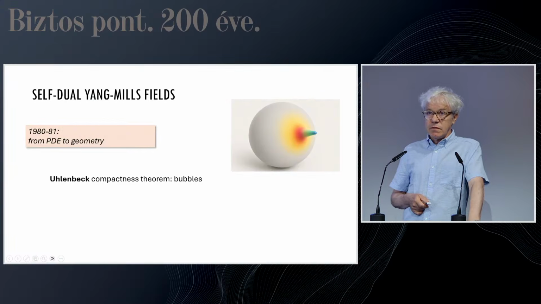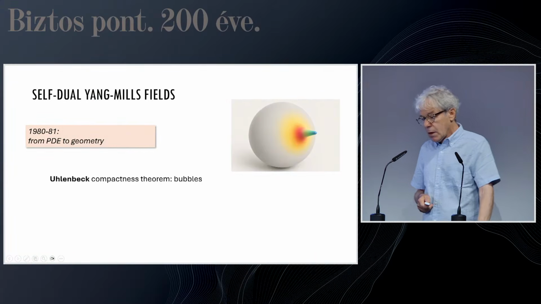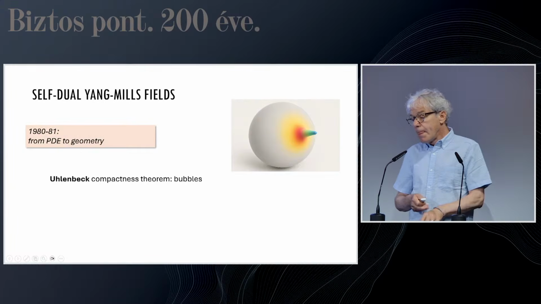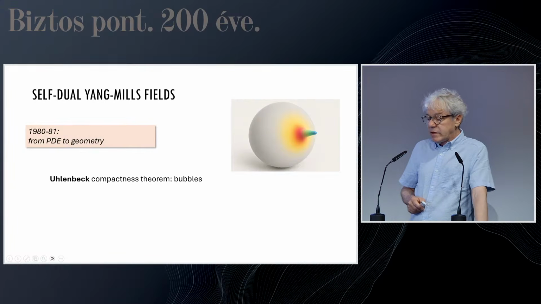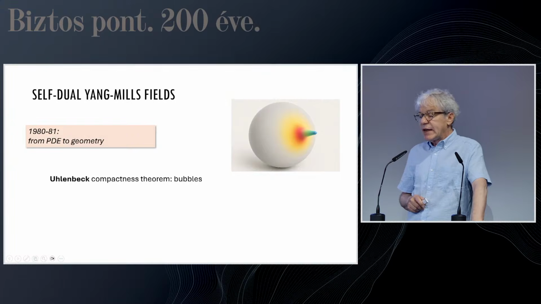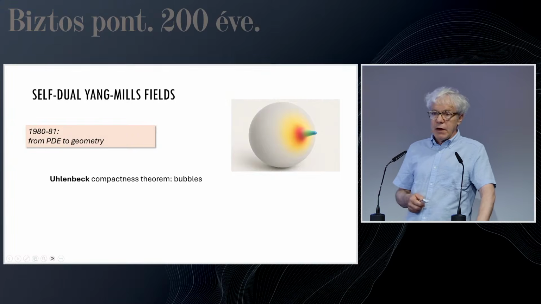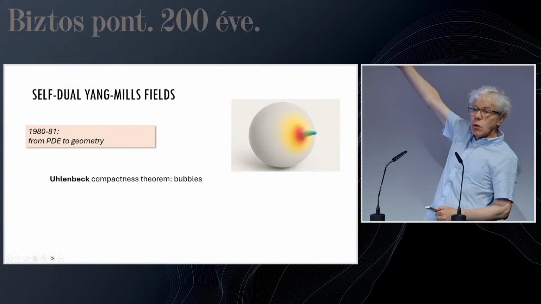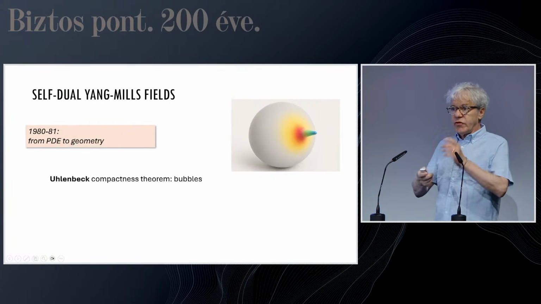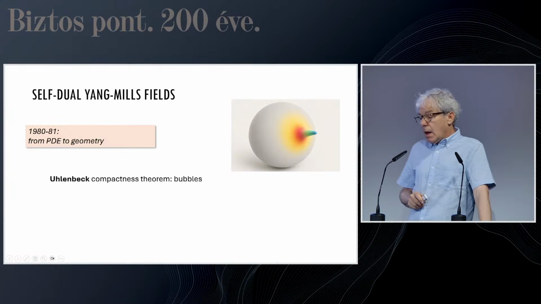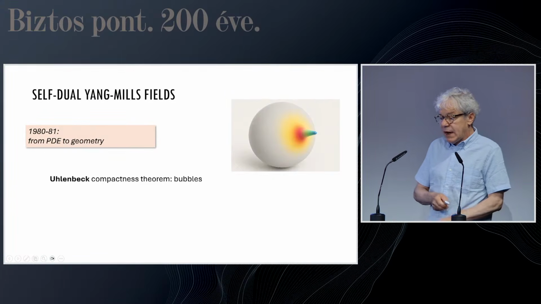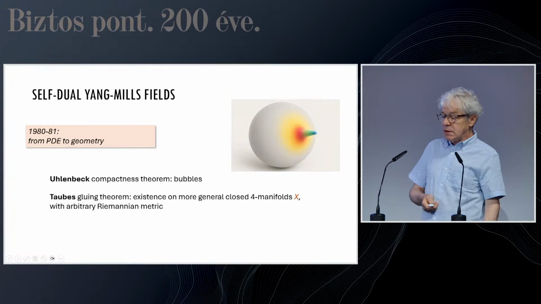If I have a sequence of solutions to these equations, is there a convergent subsequence? And Uhlenbeck's answer was basically yes, except for a phenomenon which she allowed us to understand very well, which was this bubbling phenomenon: that pseudoparticle, that blob there, can get more and more concentrated, and the limit does not exist as a smooth solution. That phenomenon she analyzed, and we now understand that that's the only sort of non-compactness in these moduli spaces.